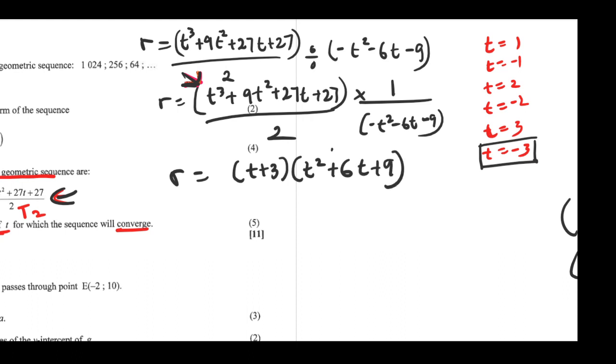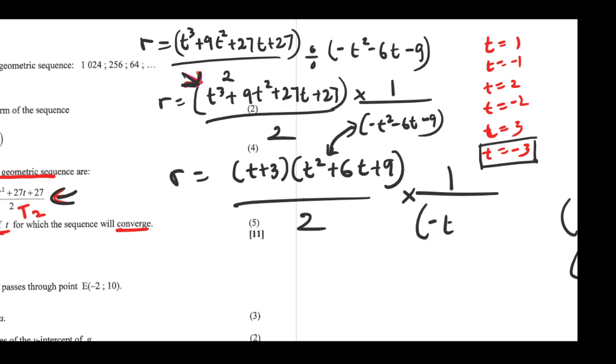If we take a look at this, this is the same as this here at the bottom. So it means over 2 multiplied by 1 over, minus t squared minus 6t minus 9, sorry. So it's minus 9.